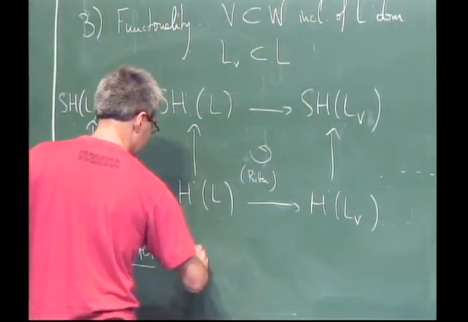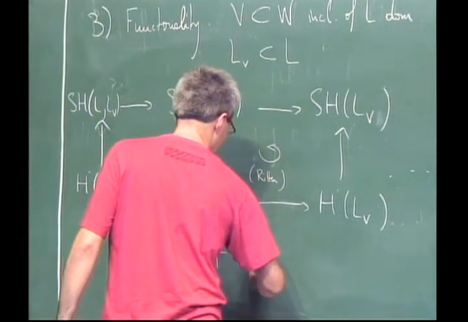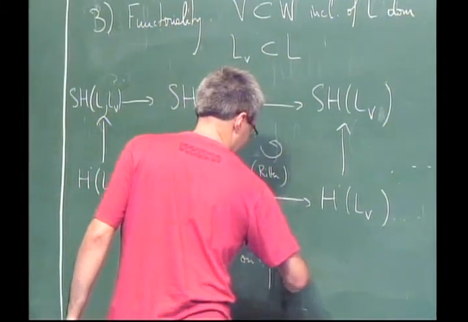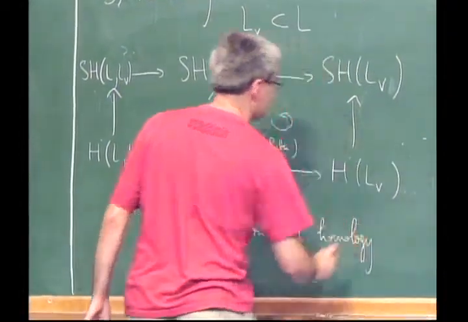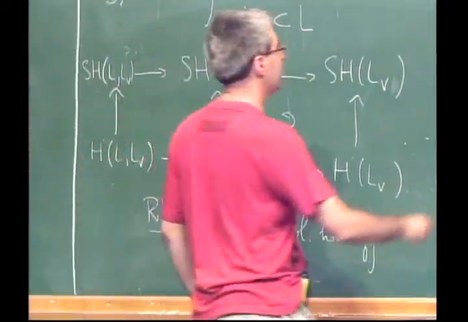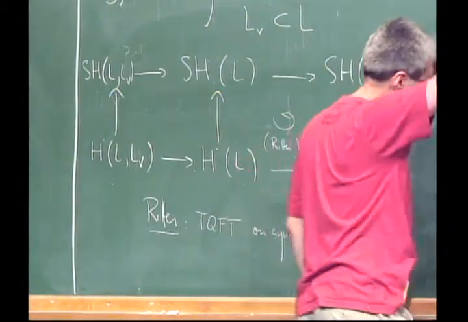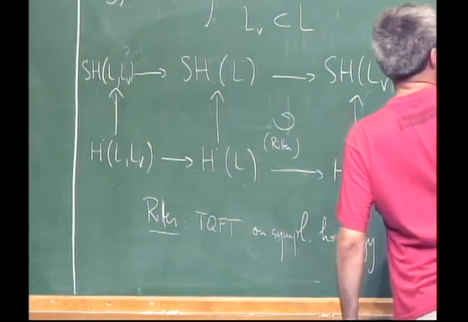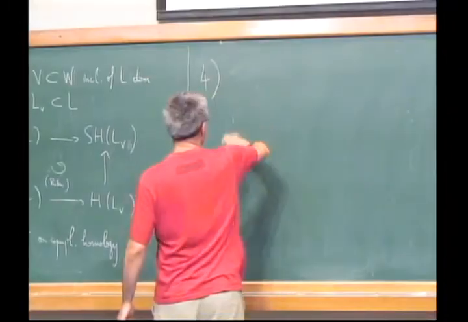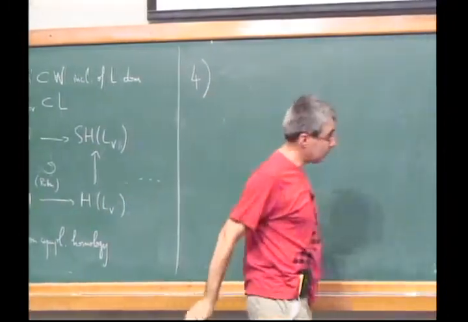It's called TQFT structure on symplectic homology. There he also defines this and studies some of the properties, and in particular he proves the ring structure. And the property that's going to be very, very interesting for us is the following.